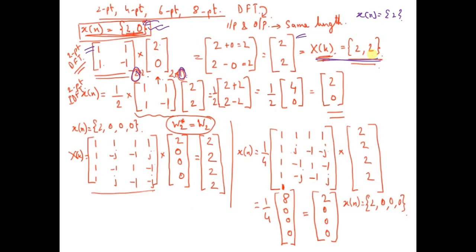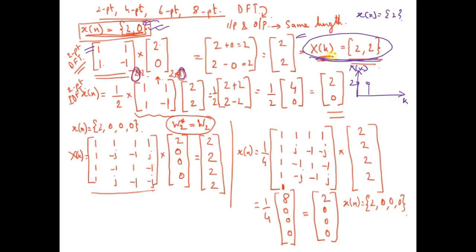If I ask you to plot this value, what will you plot? Against k, at 0 you will have this 2. You getting my point?